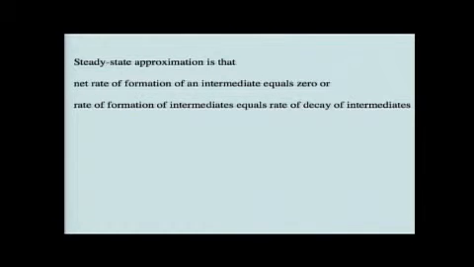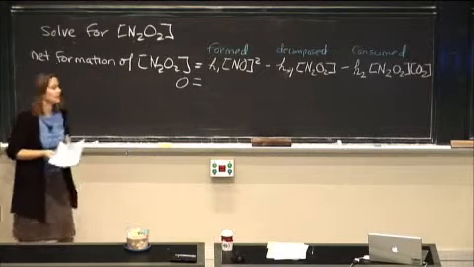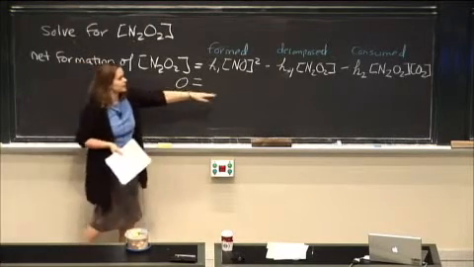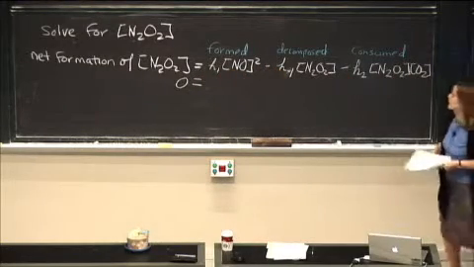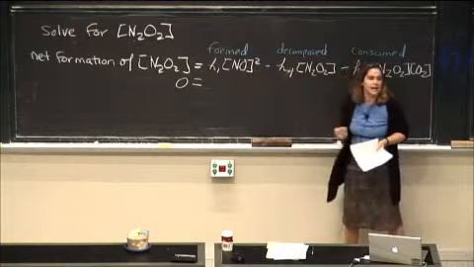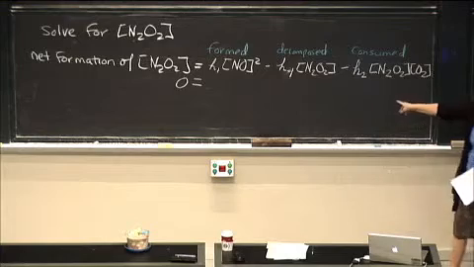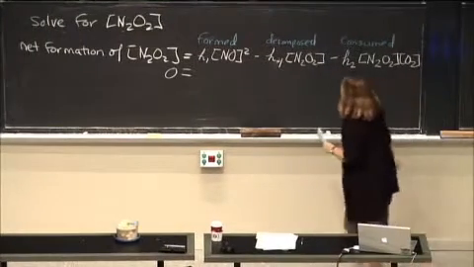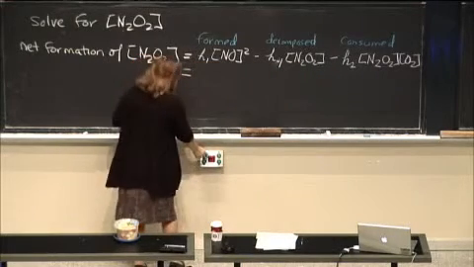So that's saying the same thing, that this term is going to be equal to those 2 terms. So if we can set this whole equation equal to 0, then we can solve for the concentrations of the intermediates in terms of the rate constants and the concentrations of the reactants and the products, which is what we need to do. So let's do that. So we can rearrange this expression now that we have set equal to 0.